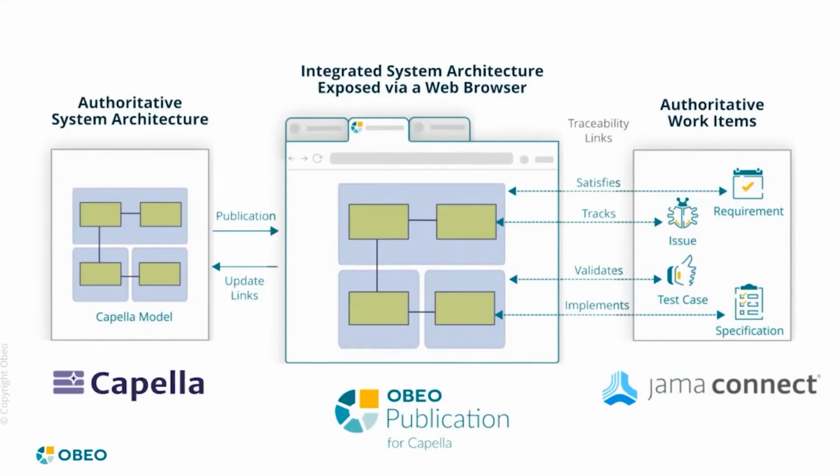Here is a very high-level view of Publication for Capella. Basically, it stands between Capella itself, where architectures are built, and Jama Connect, where requirements and also issues, test cases, or other artifacts are managed. Publication for Capella provides a web access to the model data and supports the traceability of the model elements with the Jama items.